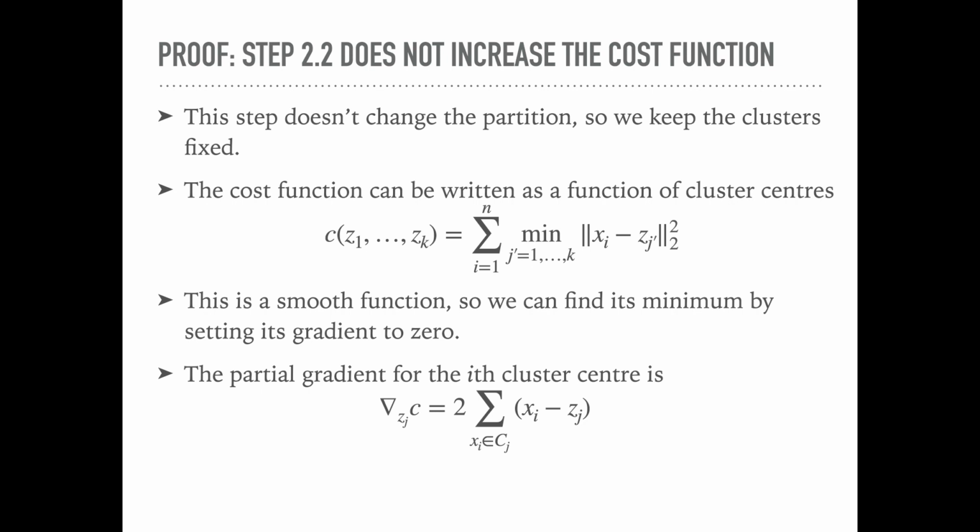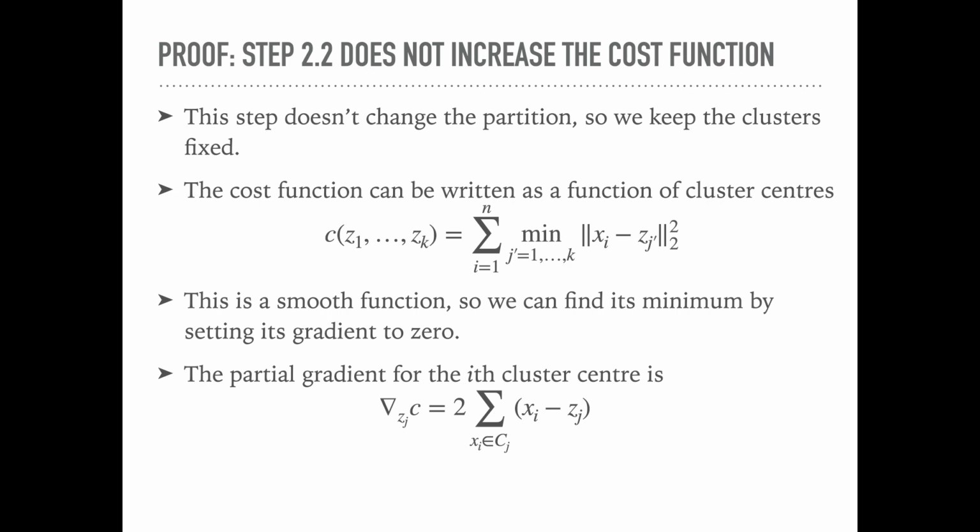So it's a nice smooth function, and we can find its minimum by setting its gradient to 0. We're going to have a quick reminder of what a gradient is on the next couple of slides, but just trust me on that. It's like setting the derivative to 0. If we want to find the minimum of a univariate function, we set the derivative to 0. If we want to find the minimum of a multivariate function, we set the gradient to 0.